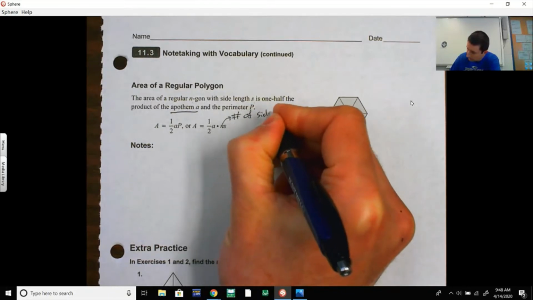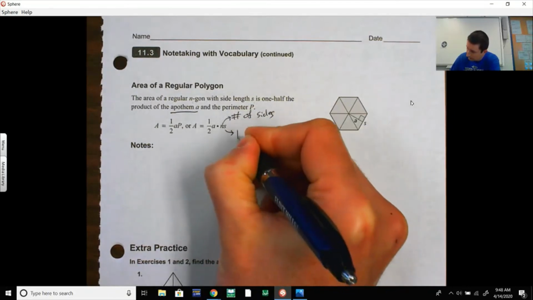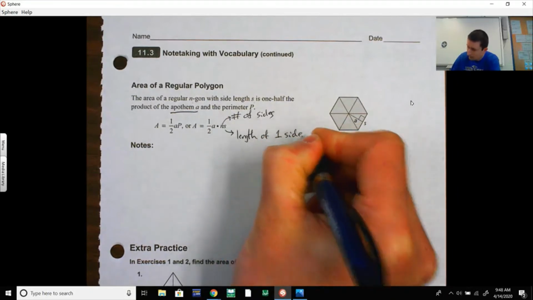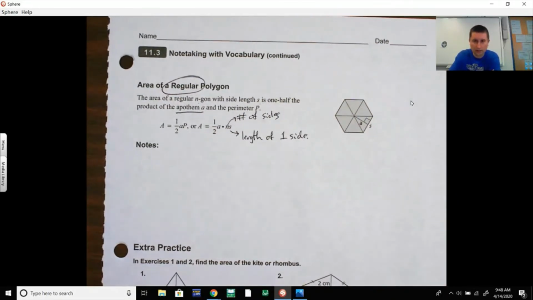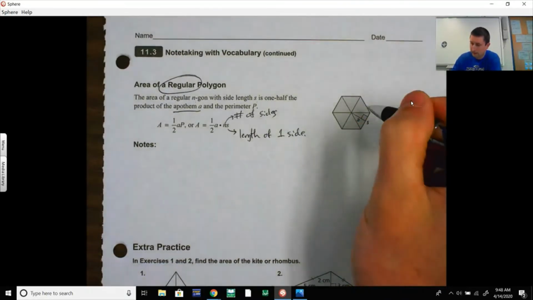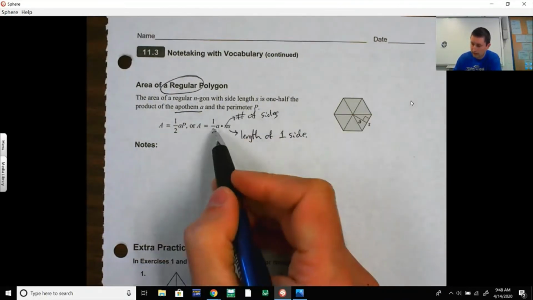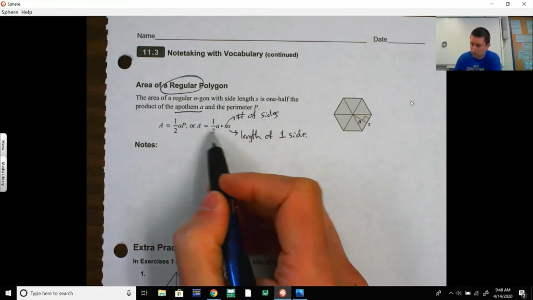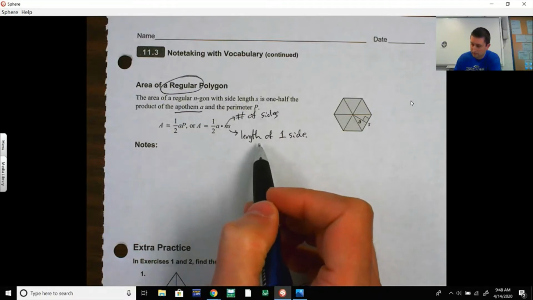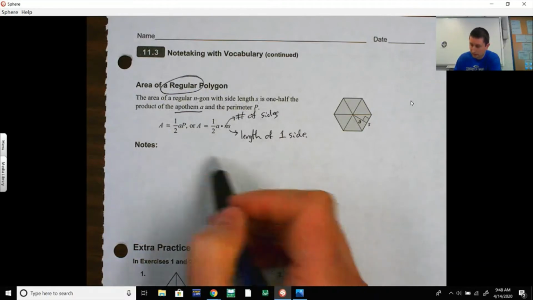The s is the length of one side. Now remember, this is of a regular polygon, not an irregular polygon. So if one side is s, all the sides have to be s in this case. So 1/2 apothem times the perimeter, or 1/2 apothem times the number of sides times the side length of one side. Okay, and we can manipulate those any way we want to try to figure it out.